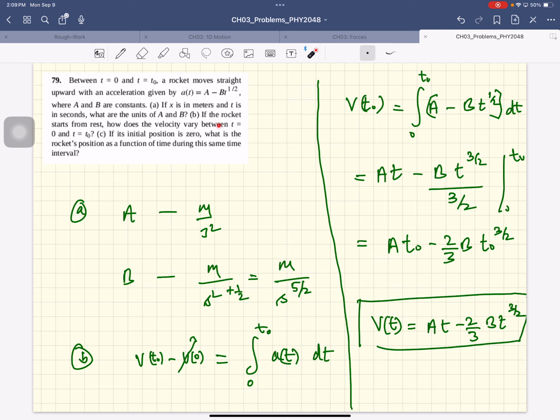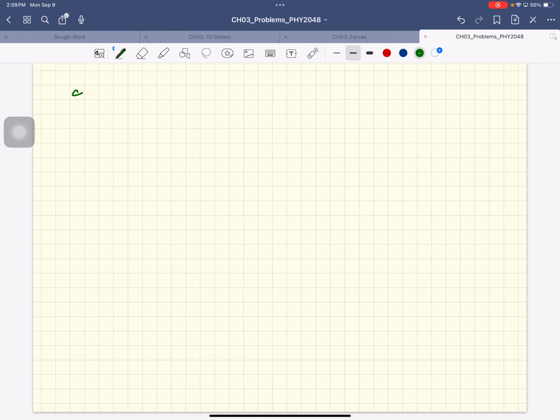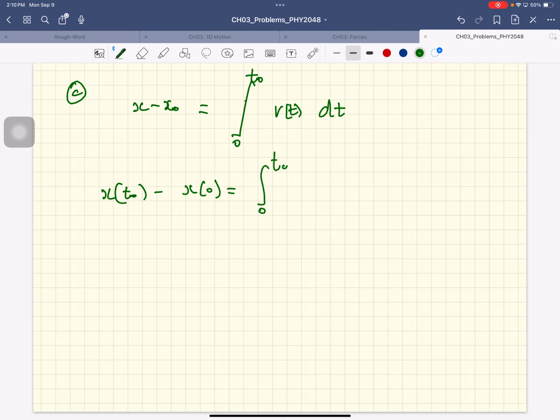So if the rocket starts from rest, and if the initial position is 0, what is the rocket's position as a function of time during the same interval? Okay, so part C, again, look up your notes. The displacement is given by x of t naught minus x of 0. They tell you start at the origin, so that's 0.